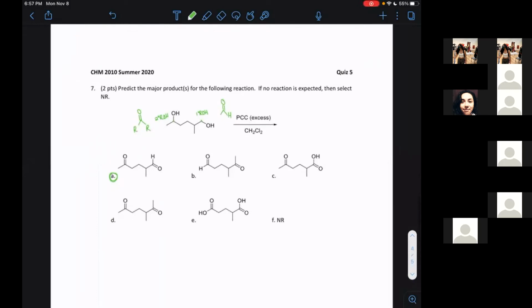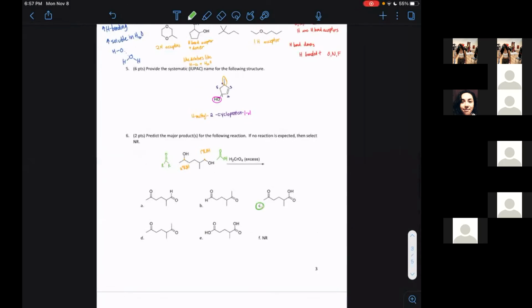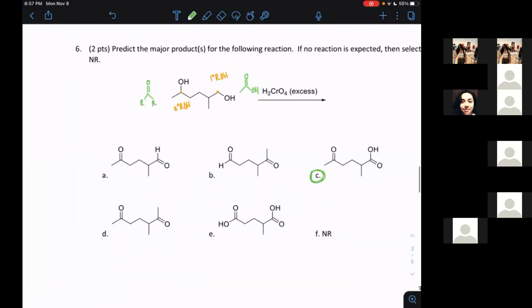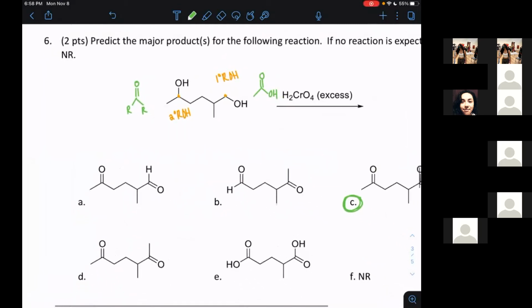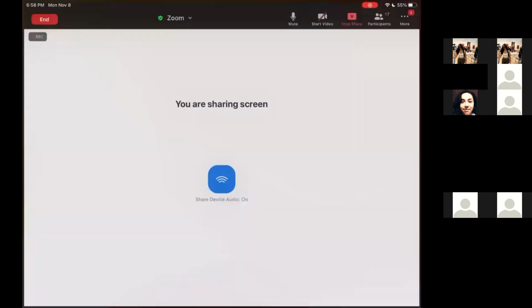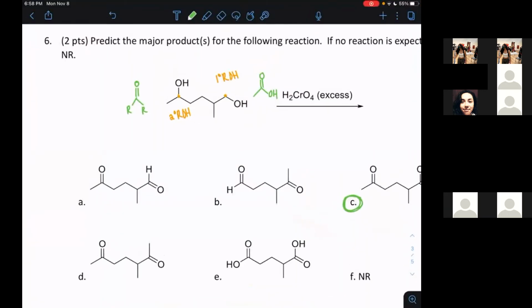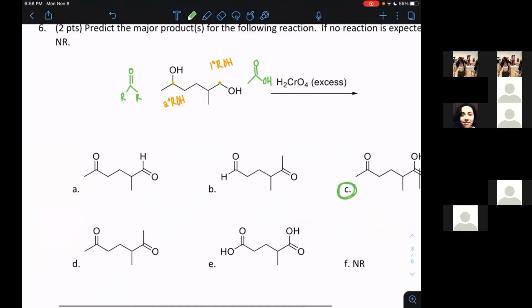Do you guys want to go over anything again? Can you go over number 6 again? Sure. That's the same thing with the oxidation rules that I think you took a screenshot of. And then you have the O because it's a primary.